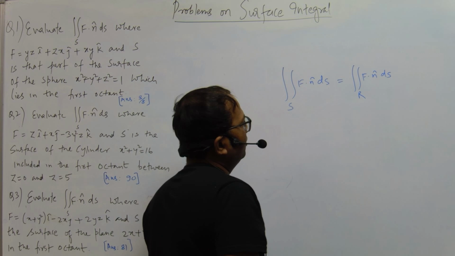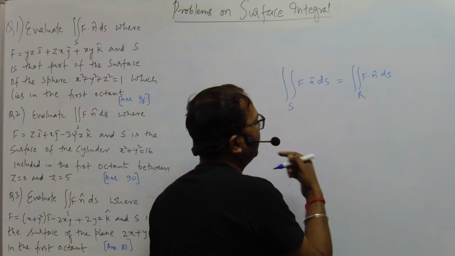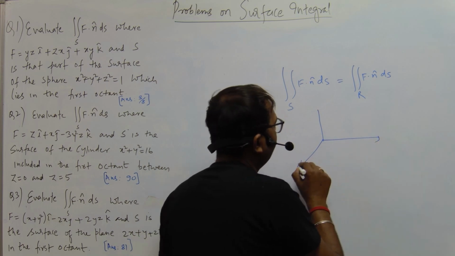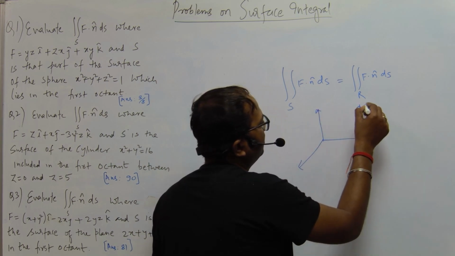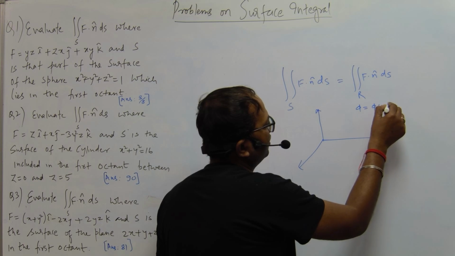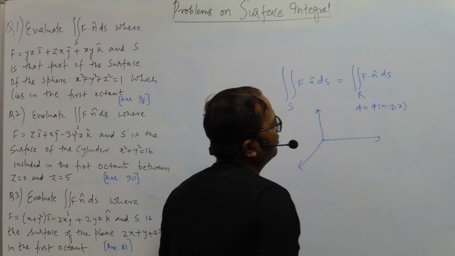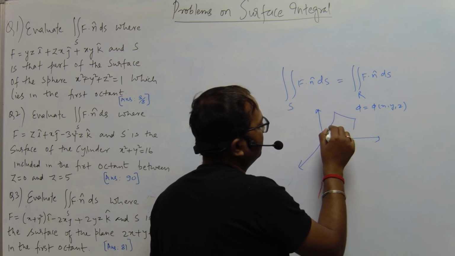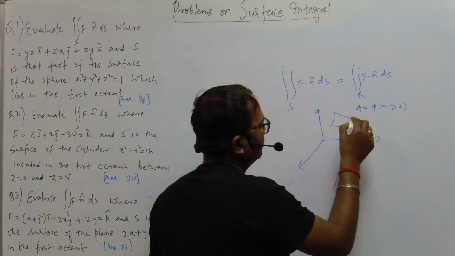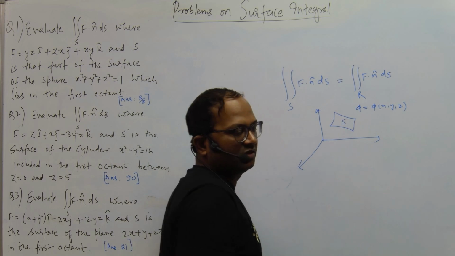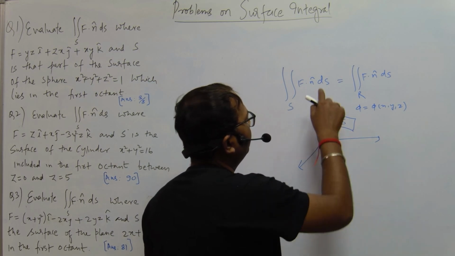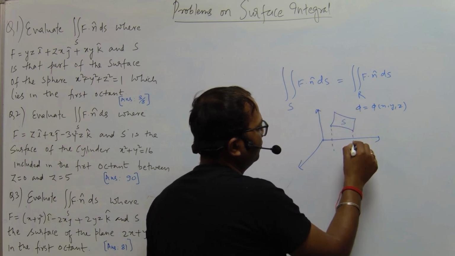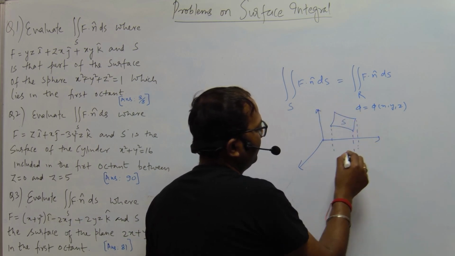For finding the value of dS, we take the projection of the surface. Suppose we have a function phi in terms of x, y, z, and suppose this is our curved surface S. For finding the value of dS, we take the projection of this curved surface on a plane.